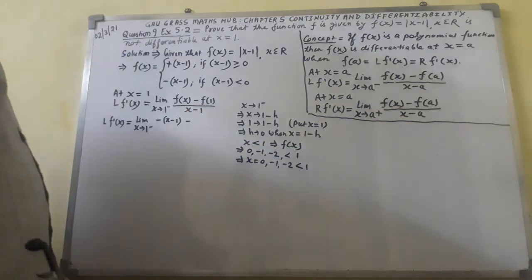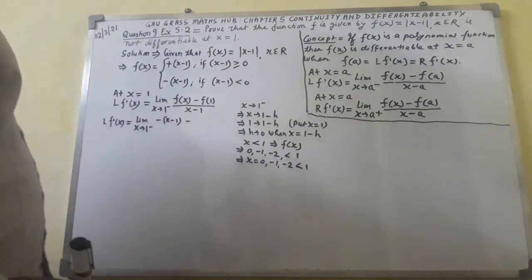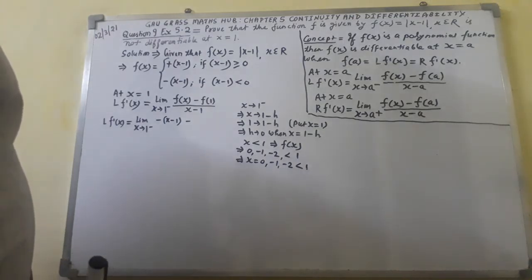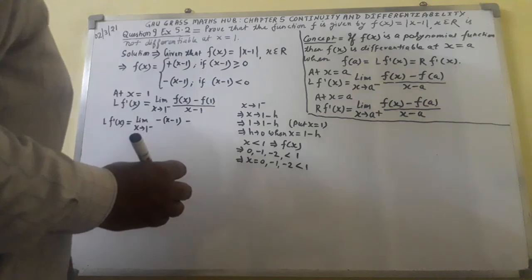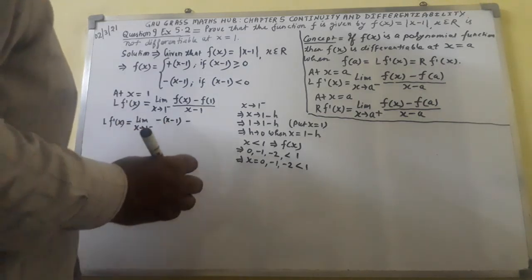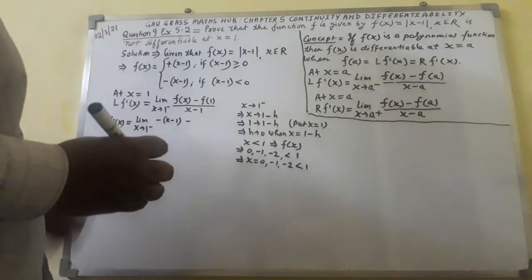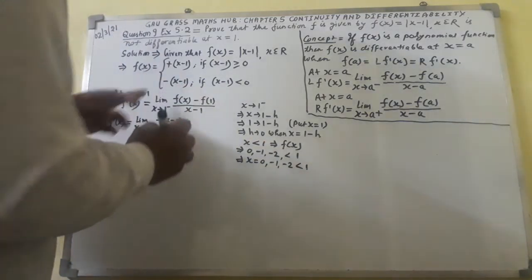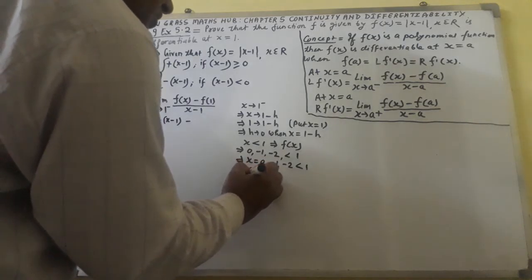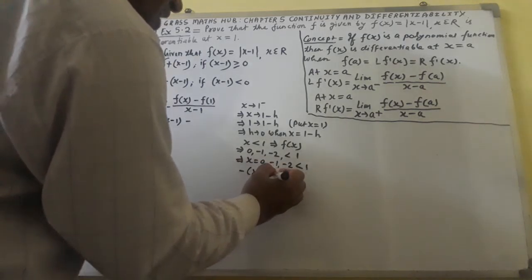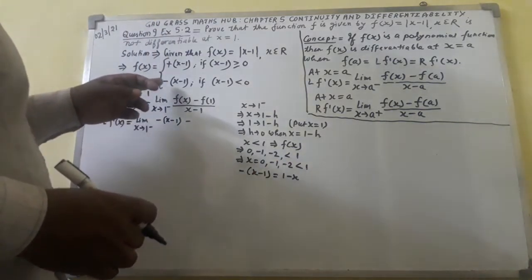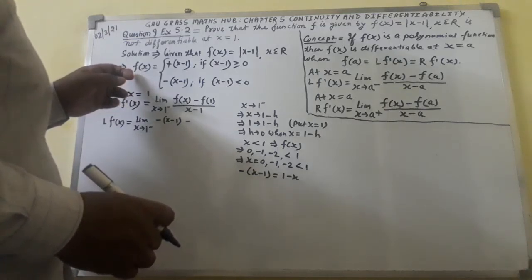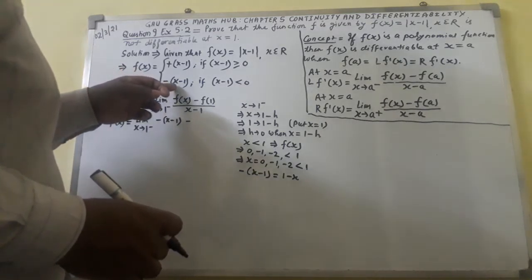And minus f of 1. In place of f of 1, what should I write? So this term, minus x minus 1 can be written as 1 minus x. So I shall choose the function f of x equal to minus in bracket x minus 1.